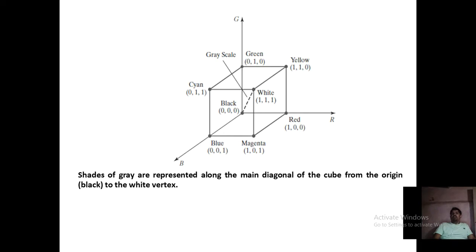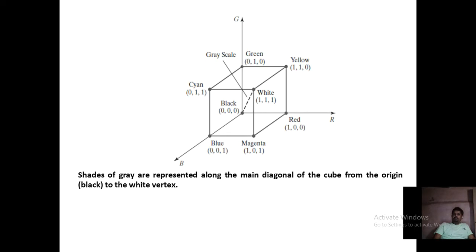Then on the green line, red is 0, green is 1, blue is 0, that is green. Only if you mix green, you will observe only green color. Only if you mix red, you will observe only red color. Only if you mix blue, you will observe only blue color. Means only if you transmit blue light, you will see only blue light. Only if you transmit red light, you will see only red light.